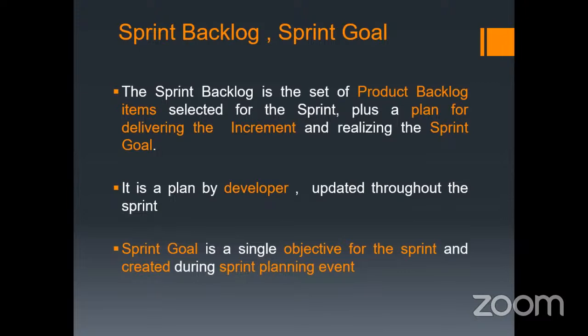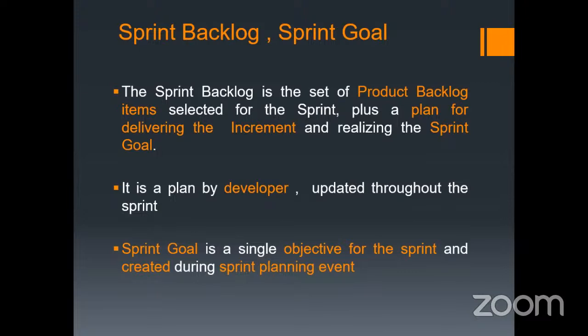And at the same time, what is the sprint goal? For the product backlog you have the product goal. Now for the sprint, there is a sprint backlog. You will be fetching some product backlog items into the sprint backlog, so what exactly the goal of the sprint is will be given in the sprint backlog only.